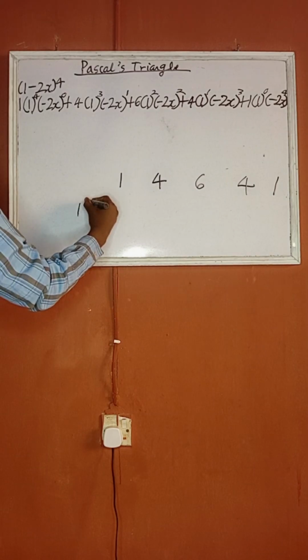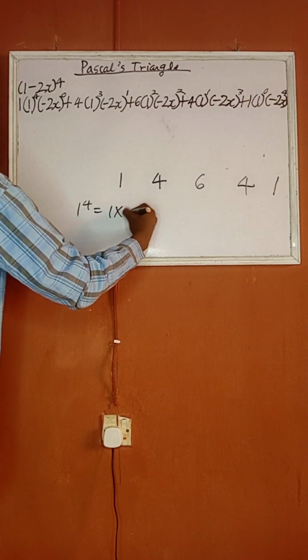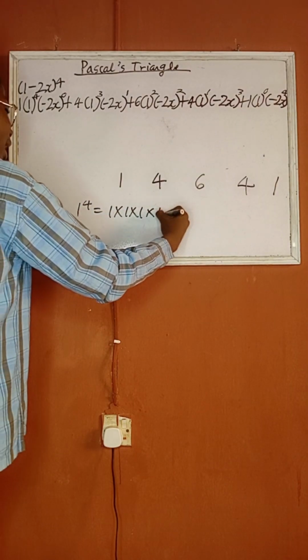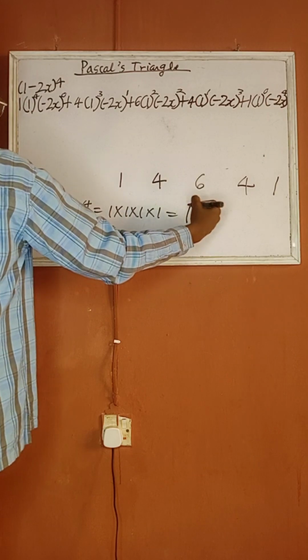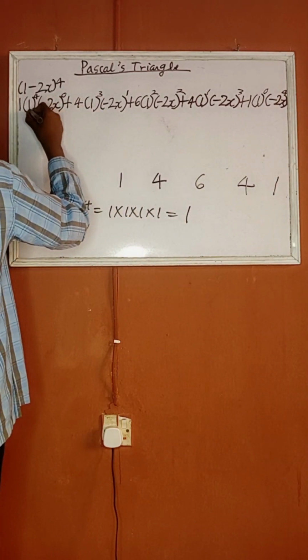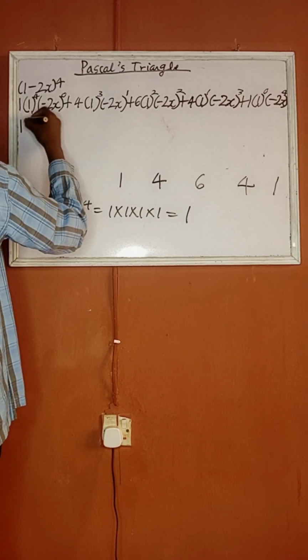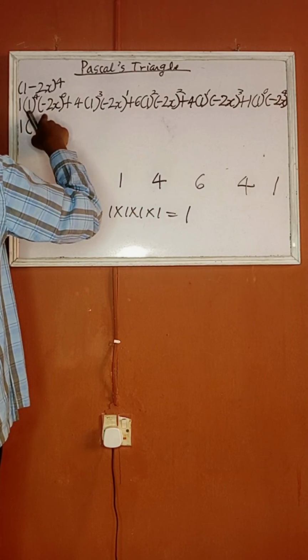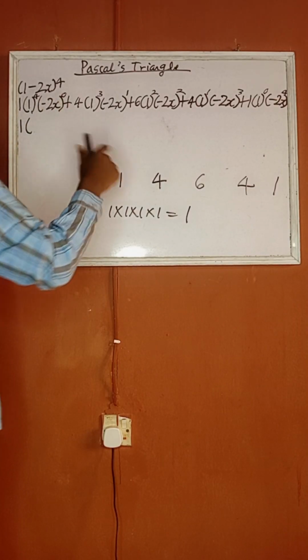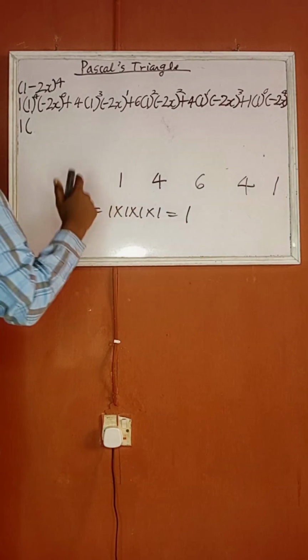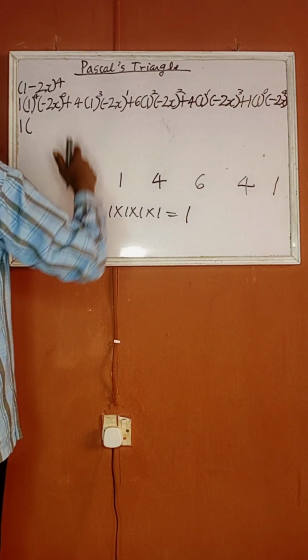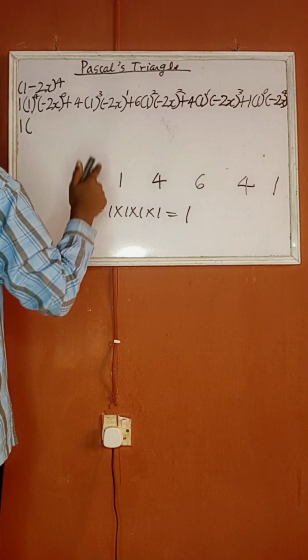Now 1 times 1 raised to the power of 4. 1 raised to the power of 4 is the same thing as 1 times 1 times 1 times 1, which is the same thing as 1. So that's going to be 1 times minus 2x raised to the power of 0. You should note that anything raised to the power of 0 is going to give you 1. It's a law and you have to abide by it.